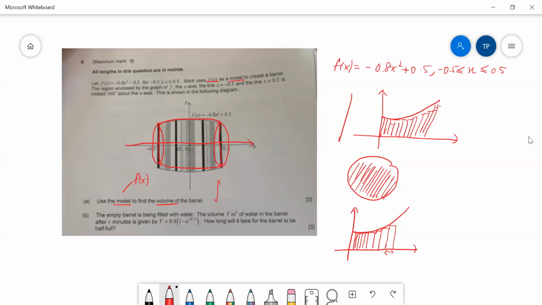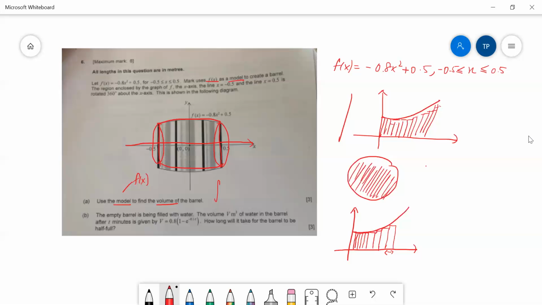Imagine the rectangle becomes as thin as a string. If we have an infinite number of strings, it will close up all these gaps, isn't it?